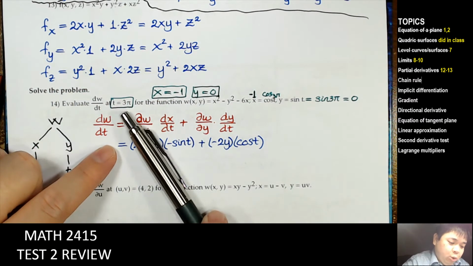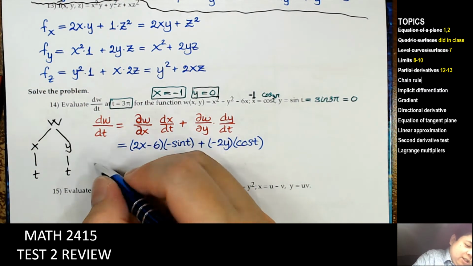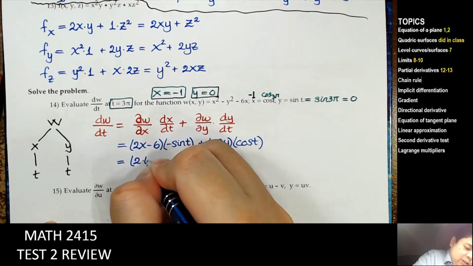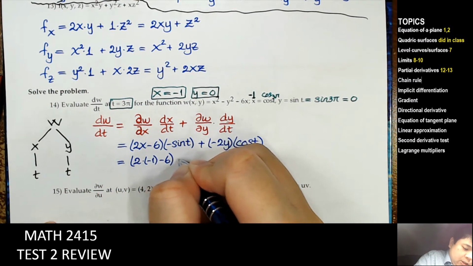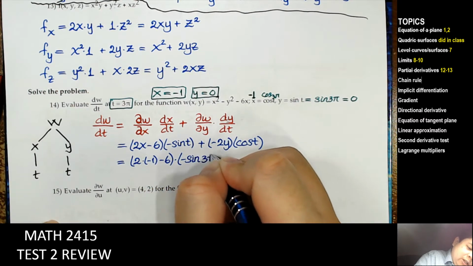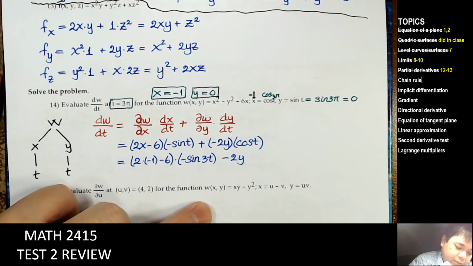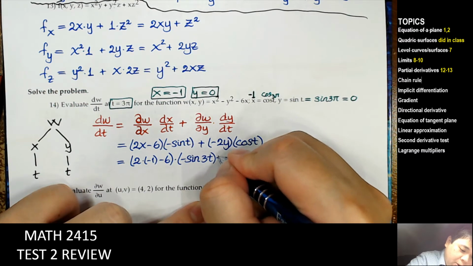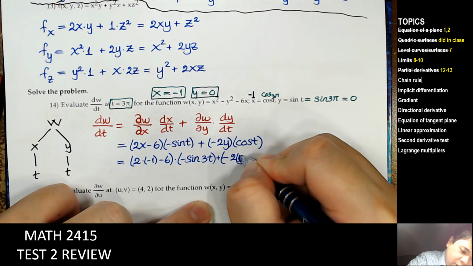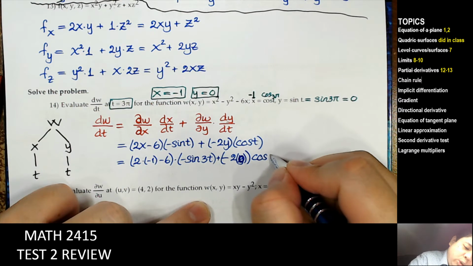And we're going to put t equal to 3 pi, x equal to negative 1, y equal to 0 into this. So 2 times x times negative sine of 3t, minus 2y, plus negative 2 y, we know is going to be 0, and then cosine of 3 pi.